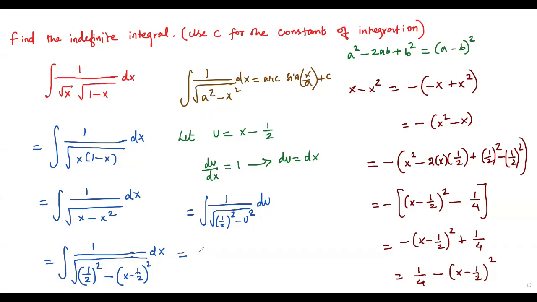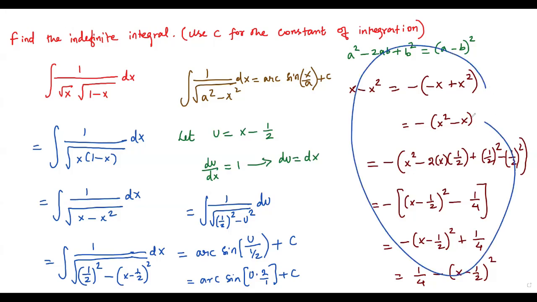Arc sine, and instead of x we have u, over a, which is 1/2, plus c. The numerator u can be written as it is, and we change the division into multiplication by the reciprocal of 1/2, which is 2 over 1, plus c.